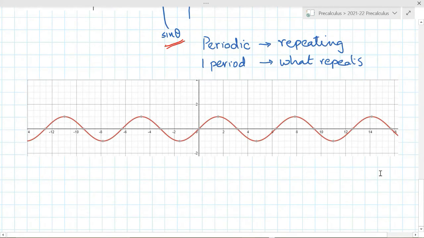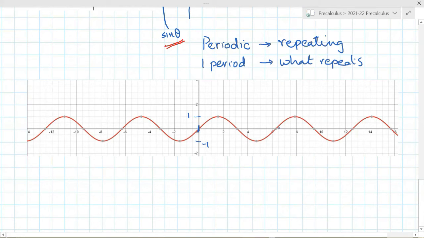Okay, so this is a part of the sine function, right? It keeps going in both directions forever. And as you can see, this highest point is 1 and the lowest point is -1, correct?